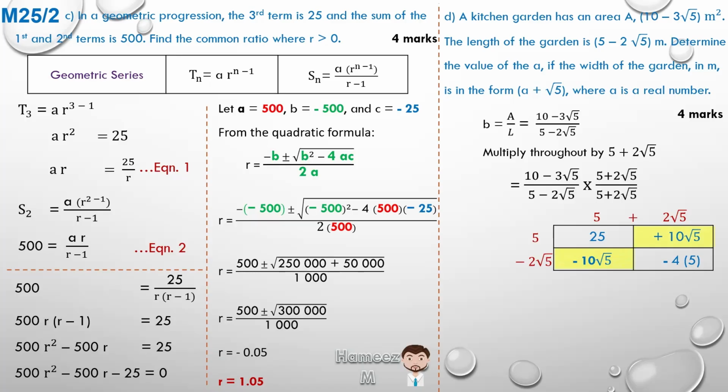So we can rewrite this. B is equal to 10 minus 3 root 5 multiplied by 5 plus 2 root 5, all over 25 minus 20.